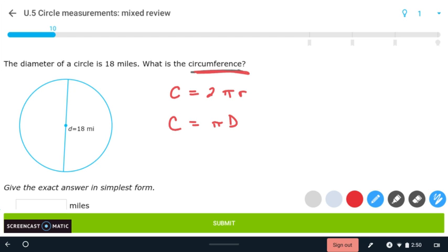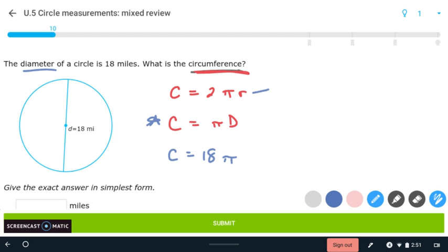Awesome. I knew you would pick the second one, because they gave us the diameter, which is 18 miles. So we can simply substitute that 18 for d, and we get the circumference equals 18 pi. If you'd wanted to use the top formula, that would work okay.